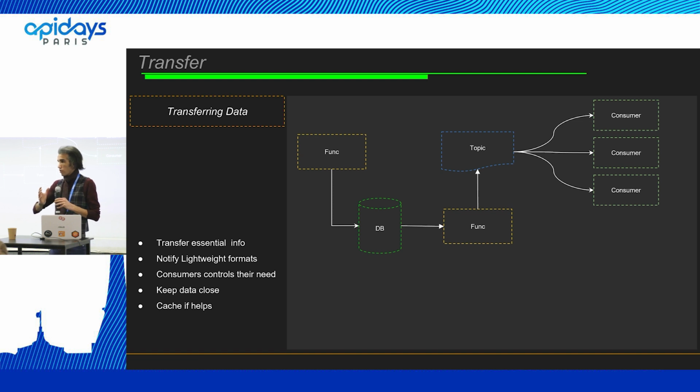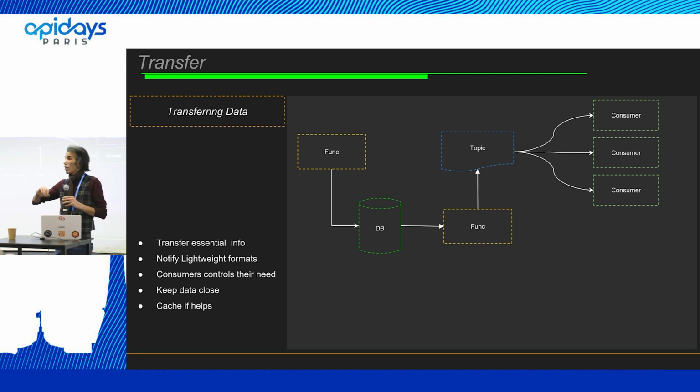And also we need to keep the data and our systems near the consumers. So if you have consumers in Asia and in the United States, don't use your service in France, it's out of the question. And what's the idea here?